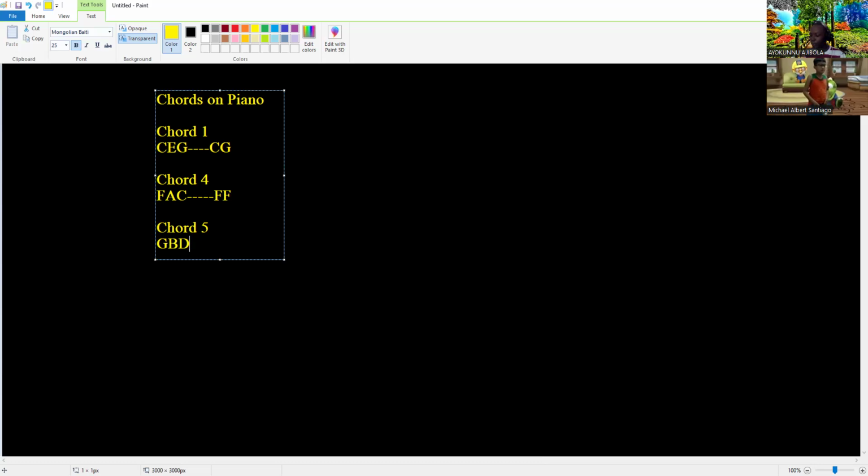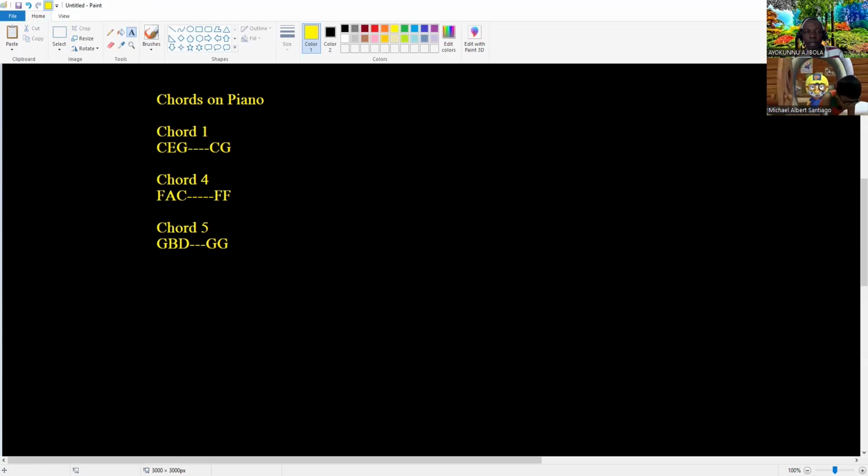So chord 1, chord 4, and chord 5. Okay, let me share the 2 screens together. Is that clear? Yes. So for chord 5, we normally play GG. That is G on the left and G on the right octave.